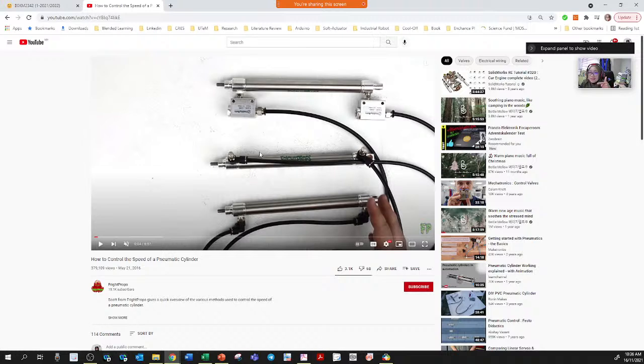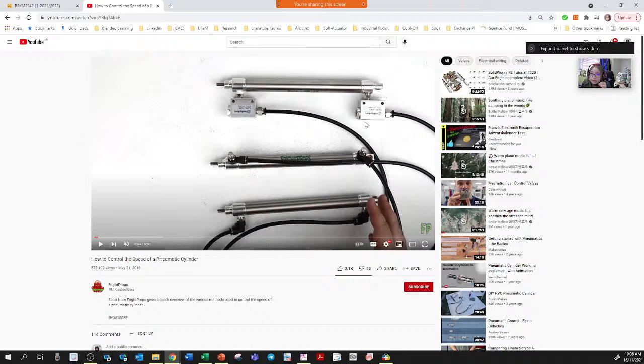The second way is by attaching an exhaust valve directly at the port of the pneumatic actuator, at port 1 and port 2. The exhaust valve is also a way to control it, because when air pressure is going into the actuator, you need to release it back into the air through the exhaust valve. This is the reason why you can control the speed through the exhaust valve. If you release it much faster, then the actuator will move much faster.